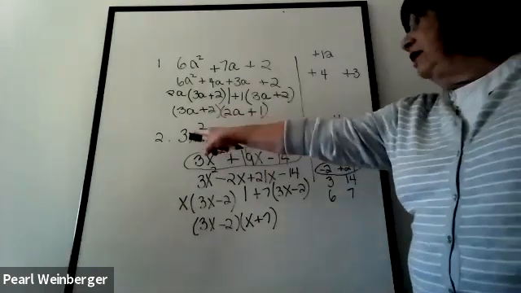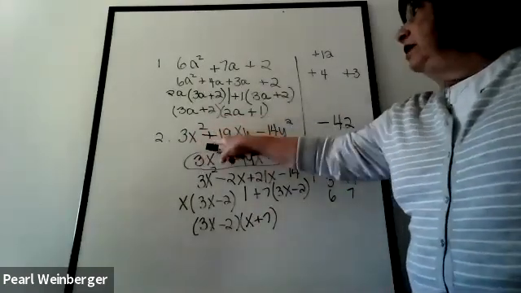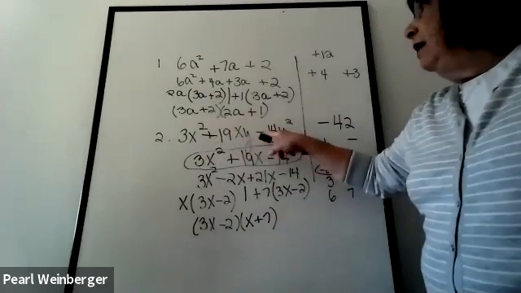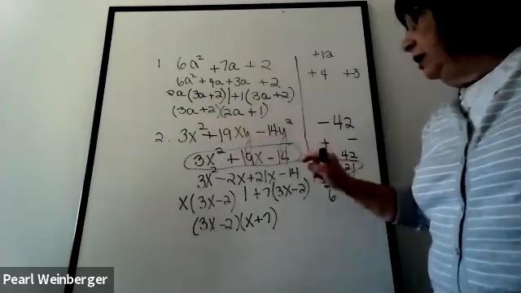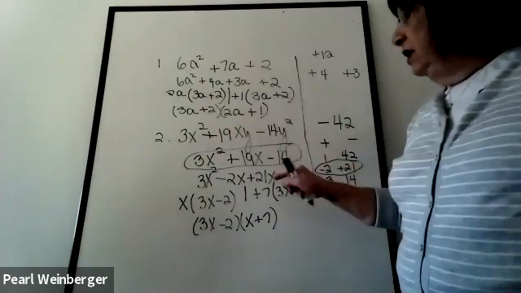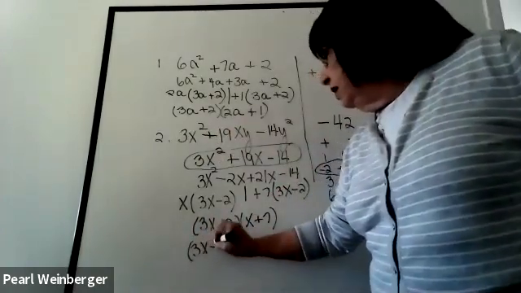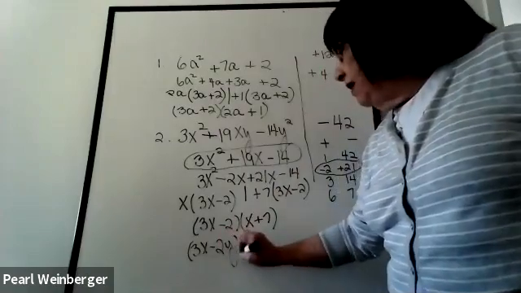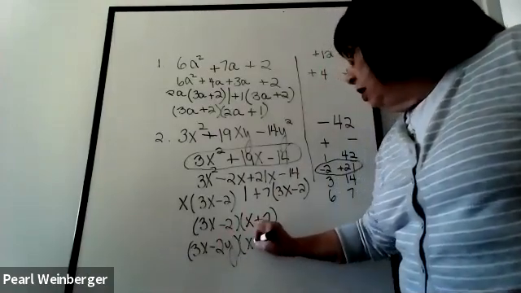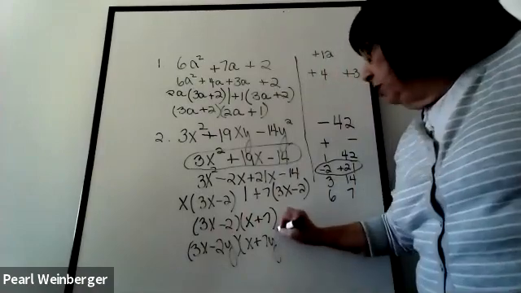I wanted to factor 3x squared plus 19xy minus 14y squared. And if you recall, what I told you to do is just write these things except put a y at the end of each parentheses.